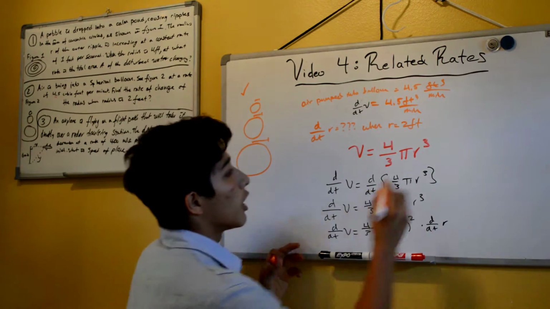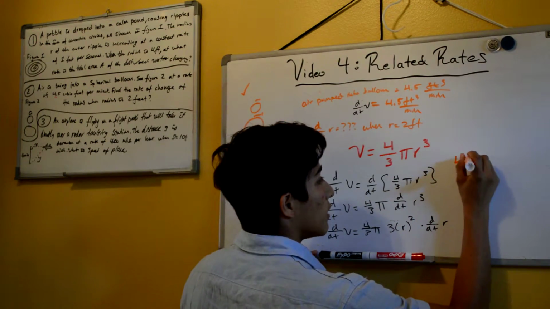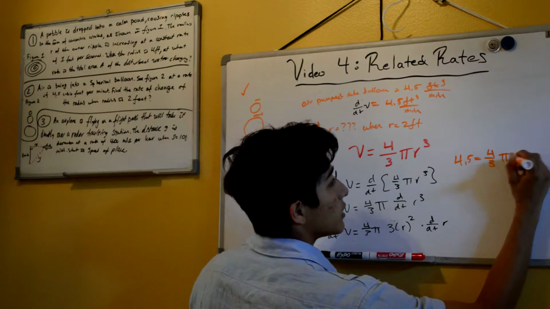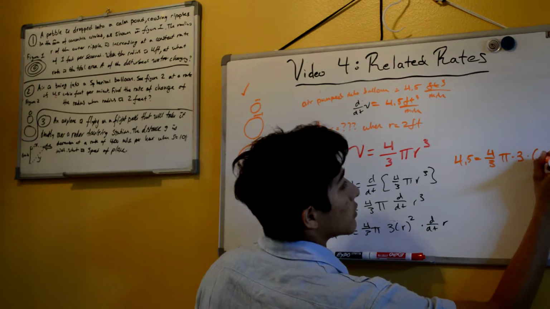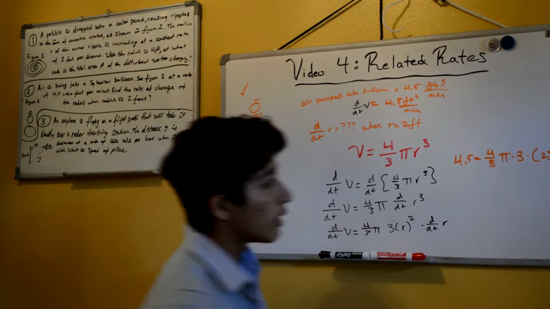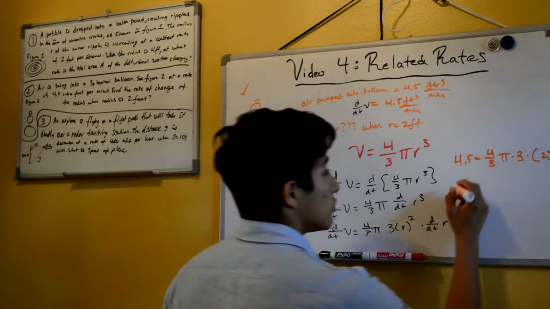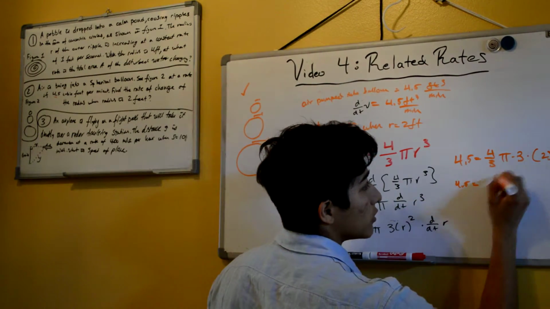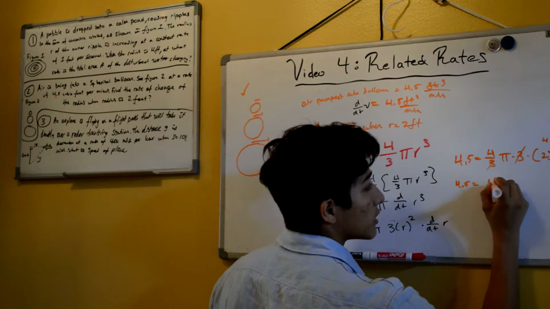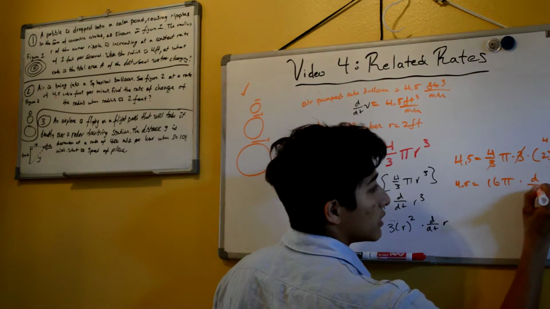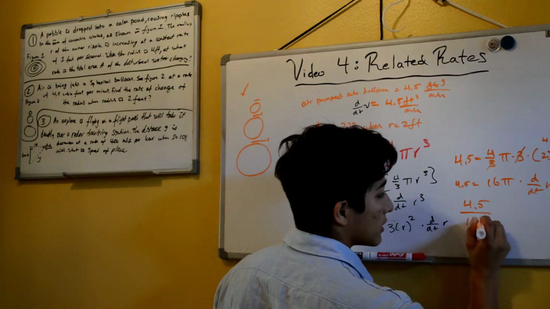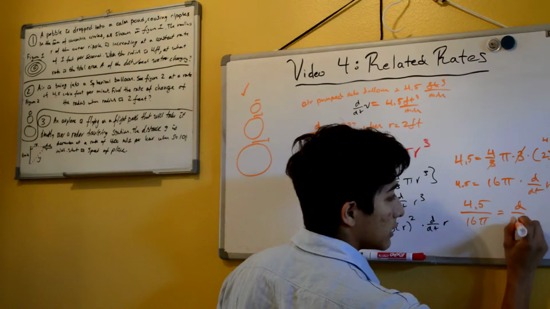So we have 4.5 equals 4/3 pi times 3 times r squared times dr/dt. The 3's cancel out. This turns out to be 4 times 4, so it's 16 pi times dr/dt. So 4.5 divided by 16 pi equals dr/dt.